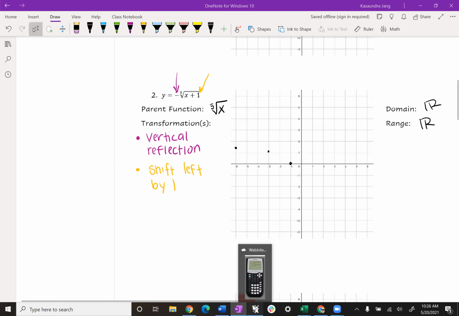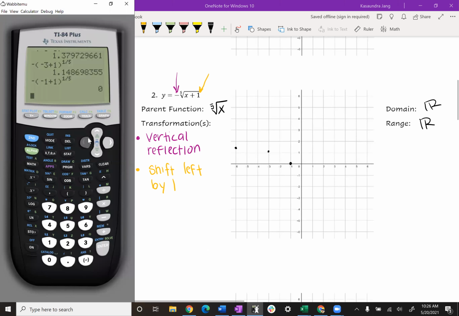And let's see if I plug in a 0, what does that give me? All right, so that gave me a -1. It's kind of nice.